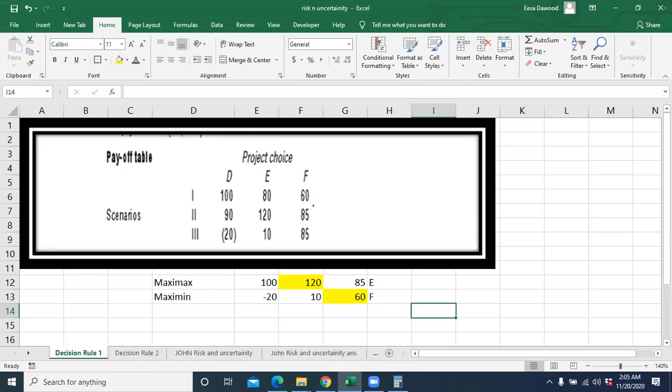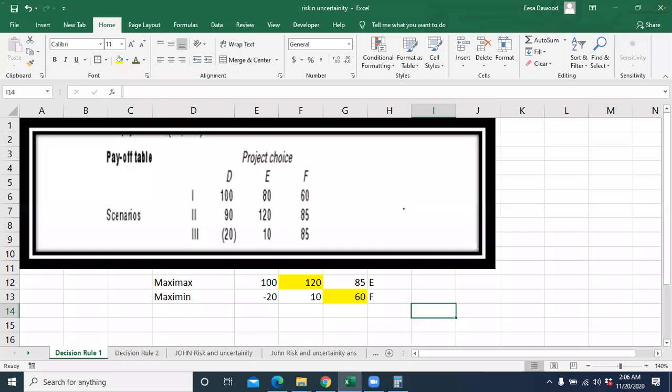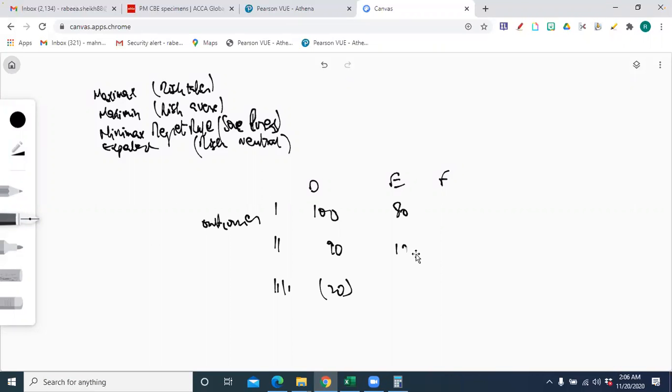We have made the profit table and the returns are like this. In one scenario, it's 100. In another, it's 90. And in the third scenario, there's a loss of 20. For project E: 80, 120, and 10.